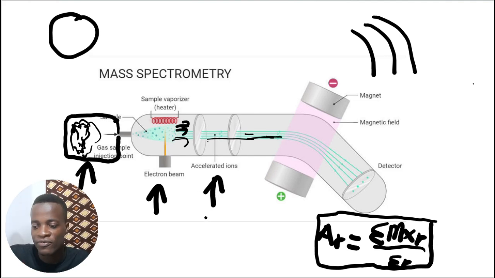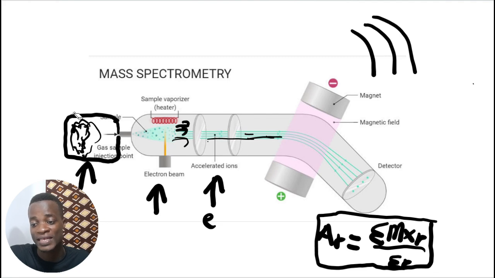The electric field comes, then the magnetic field takes over by deviating them into the detector, and separates them onto various parts of the detector. On the detector, we'll be able to measure the masses and the relative abundances to evaluate the relative atomic mass of whatever sample we put inside. This is how the mass spectrometer helps us do all these things easily.